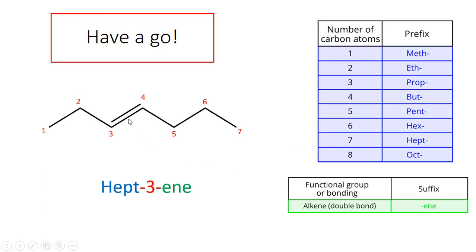It contains a double bond, and therefore ends in ene. And the location of that double bond, if we count the carbon atoms from the end that is closest to the functional group, in this case that double bond, 1, 2, 3, the double bond starts on carbon 3. Okay? Therefore we have hept-3-ene.